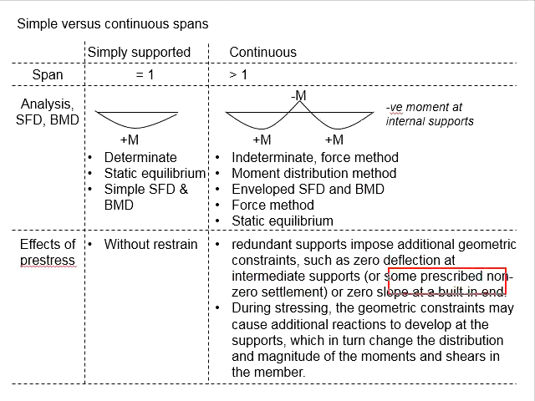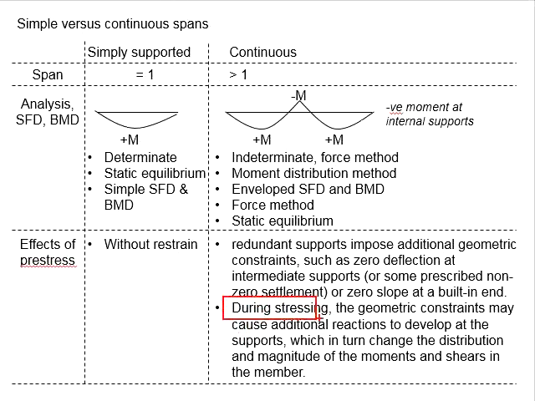Under some circumstances, there could be some prescribed non-zero settlement. This will add additional stress in the member. In other circumstances, the ends or the connections of the members impose some restraint to the bending rotations that can give zero slope to the member, which resists the bending deformations caused by the pre-stressing force. Such resistance will impose additional stress in the member.